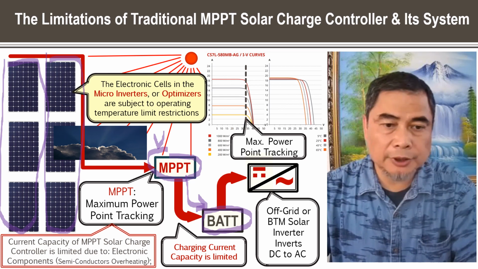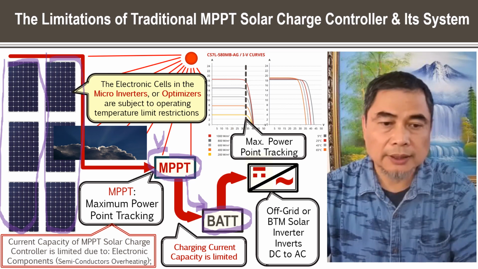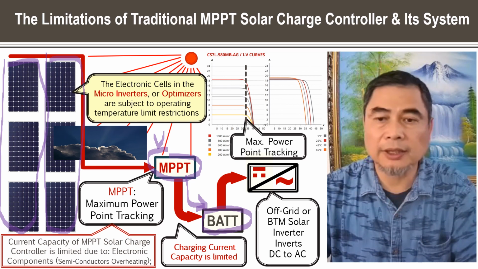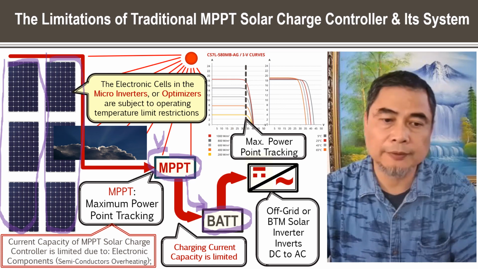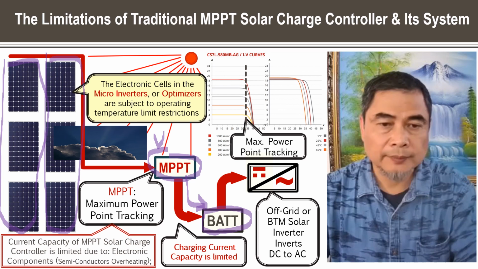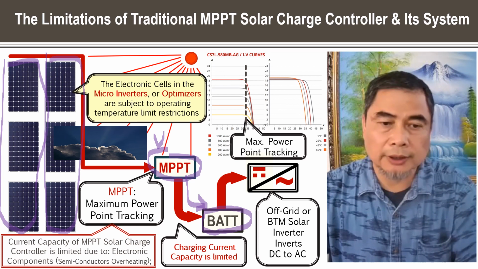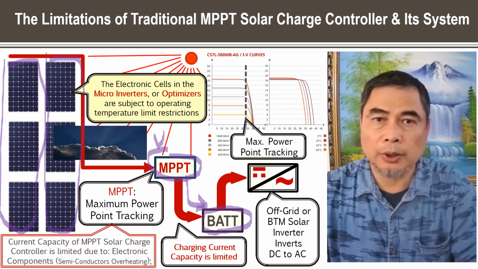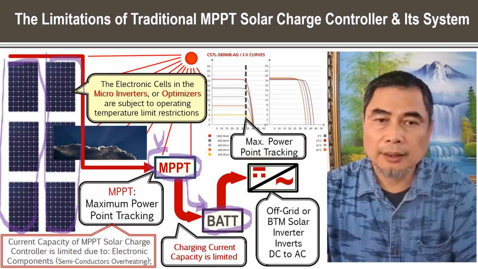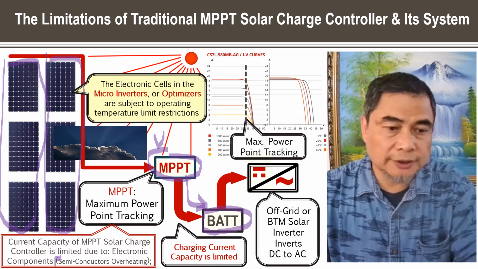The MPPT solar charge controller has to be set up according to the type of battery being used, and it also affects the current capacity because they have to make sure not to overcharge that battery. They modulate the current capacities based on the electronic components inside the MPPT solar charge controller, which is a semiconductor.